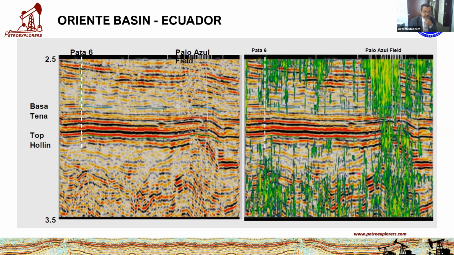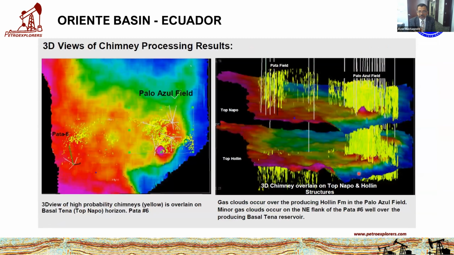I'm not that familiar with it, but the Palo Azul field and the Pata field were both showing the chimney effect, with the cloud at the top of the Palo Azul field as it breathed through from the deeper incursion, with a minor field, Pata 6, showing much smaller effects but still having the migrations. So the migration effect on structural things reduces the risk of migration into the reservoir.